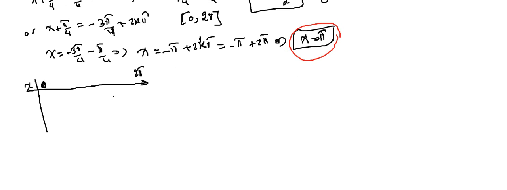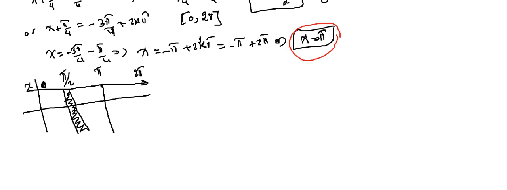This is the only part we are working with. We have to remember, very important, that pi over 2 is a rejected value, a vertical asymptote, so it's pi over 2 here. I got pi, right? What else? We have to check the derivative, and we have to check the behavior of y.